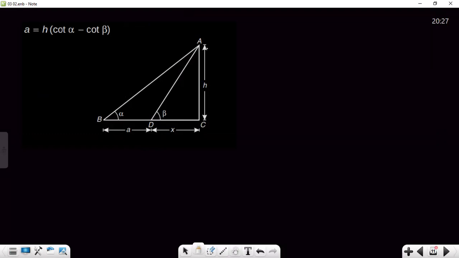See, first of all, there is a triangle, and in this triangle, this is the only specific new thing. Otherwise, this is a simple right angle triangle.